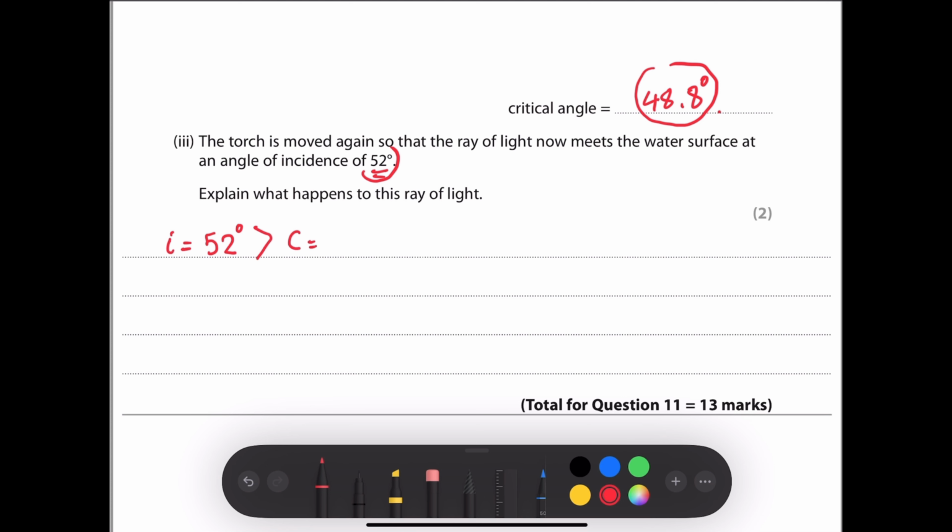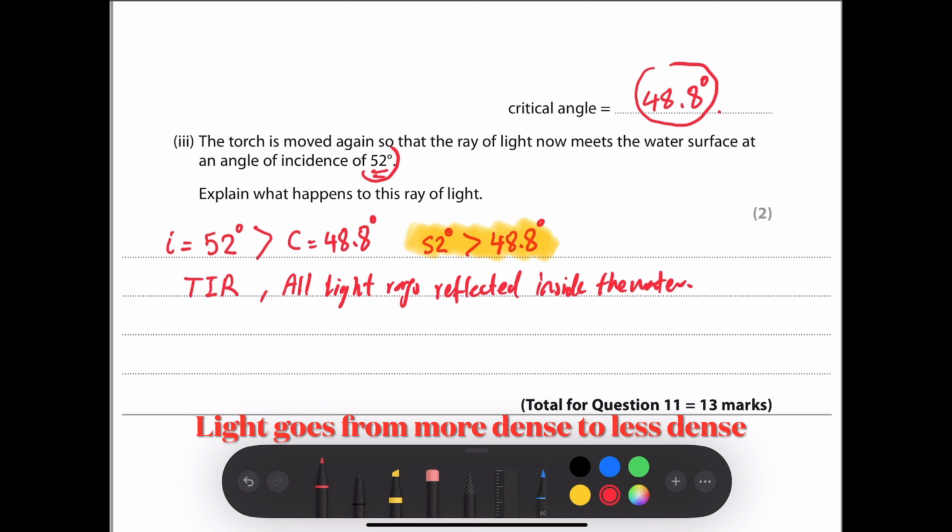So I show the examiner that I understand the sequence in the question. You asked me firstly to calculate the critical angle. Then you have given me a new angle of incidence more than the critical angle. So we might go again for a total internal reflection. It means we have all light rays being reflected inside the water.